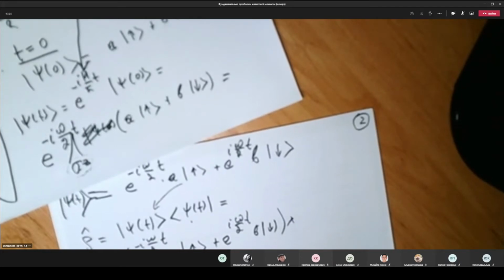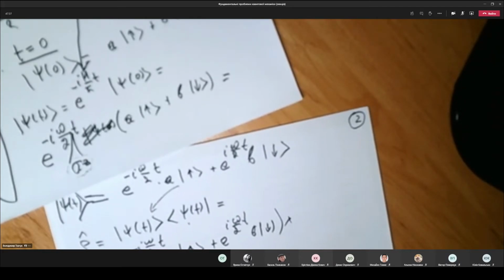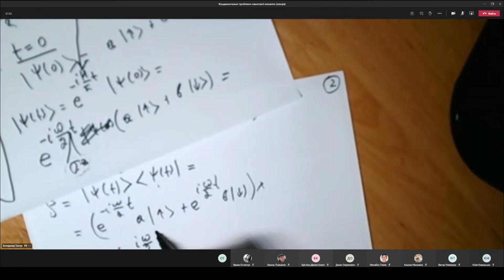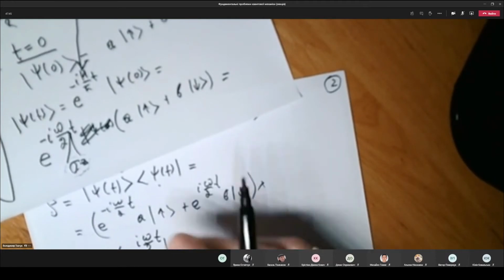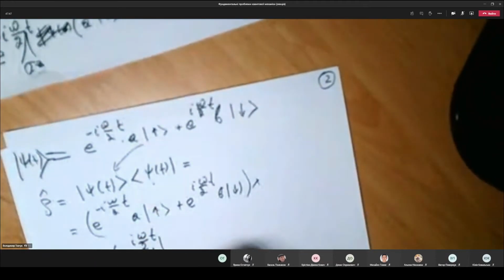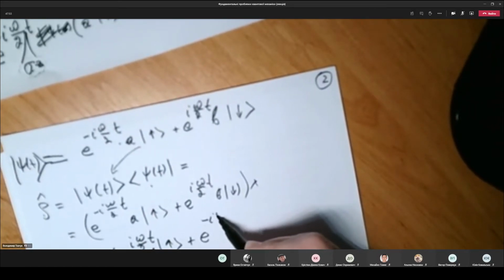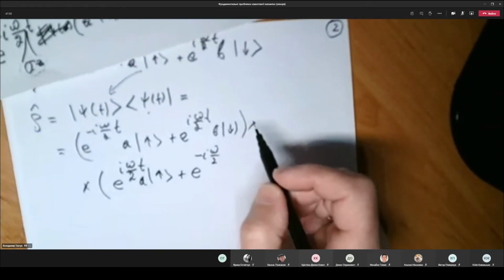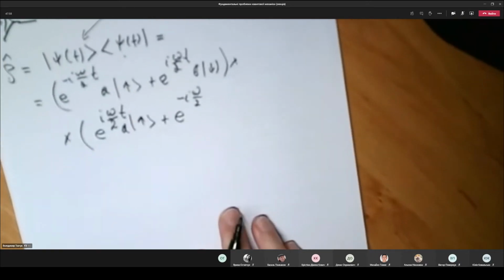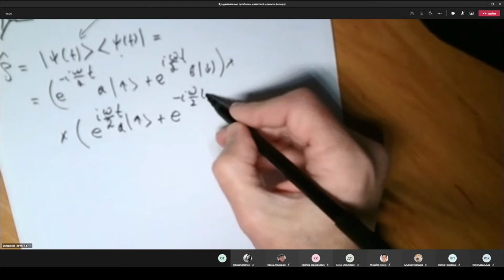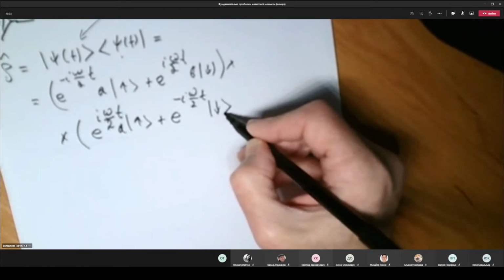It is a conjugated vector, so we obtain exponent minus I omega t divided by 2, a arrow up plus exponent minus, b arrow down.